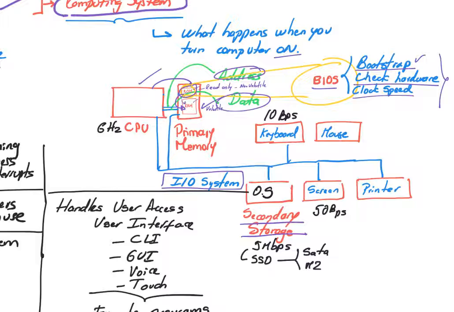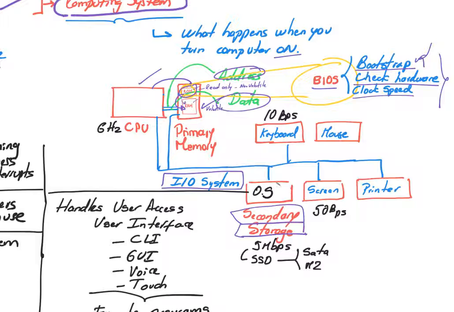When that's ready, the operating system needs to be loaded, and in the bootstrap is where you define where the operating system is. It's usually in the secondary storage, but it could be loaded from a CD, a USB drive, or even the network.